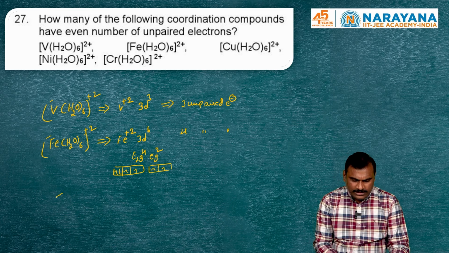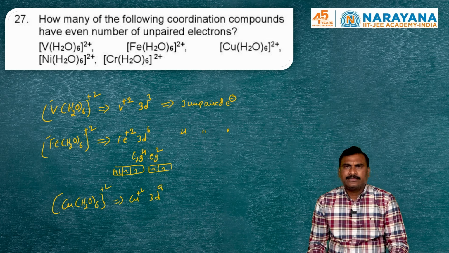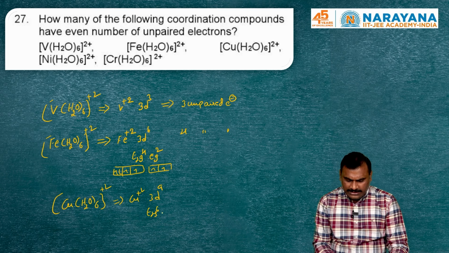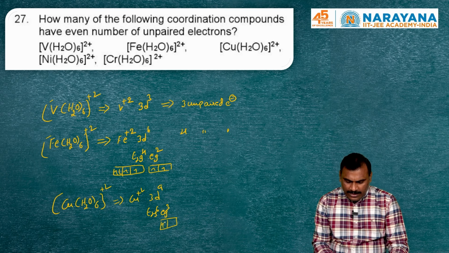Let us go for the next one. Cu(H2O)6 2+. Here copper having plus 2 is always 3d9. 3d9 means t2g6 and eg3. Again, one unpaired electron is present.